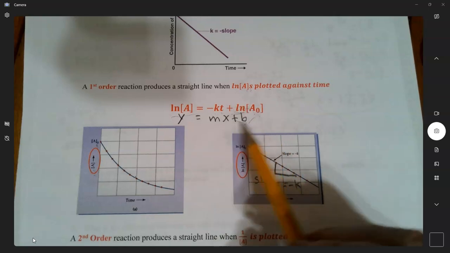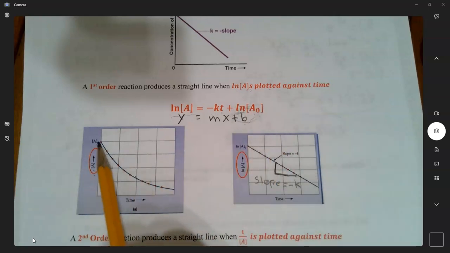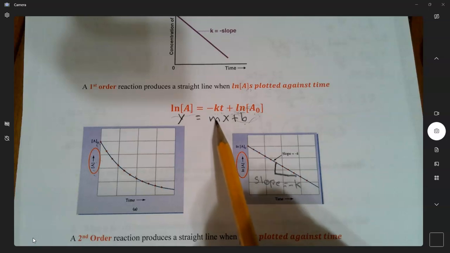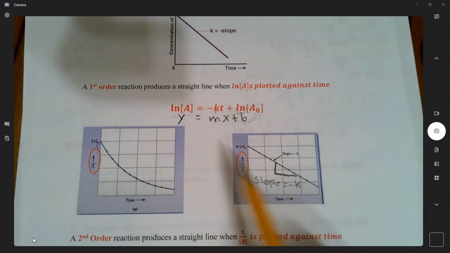So b is the y-intercept right there. And m, the negative rate constant, is the slope. You can see that I'd already written it in here. The slope is the negative of the rate constant, and that's the significance of this.